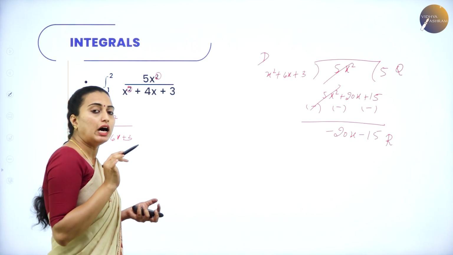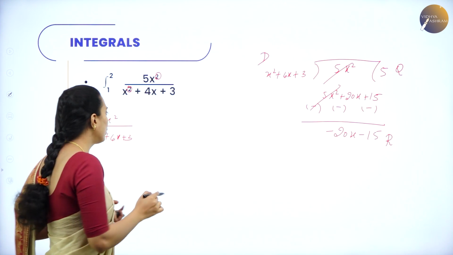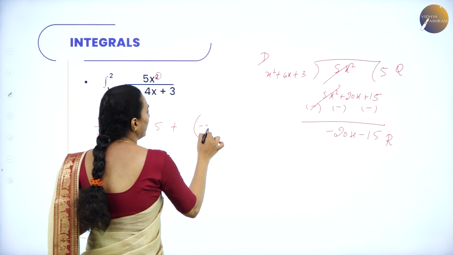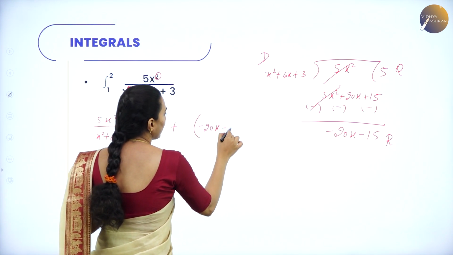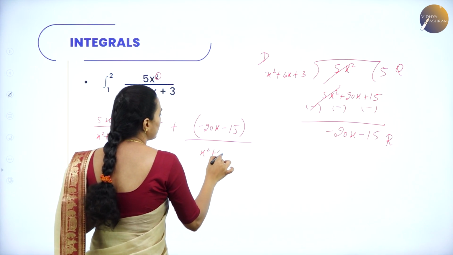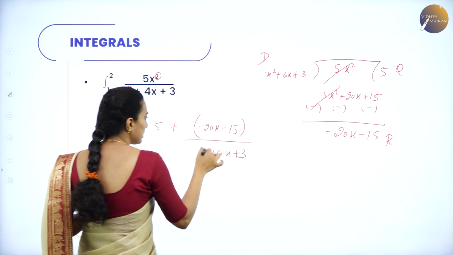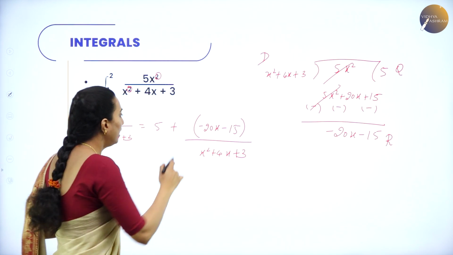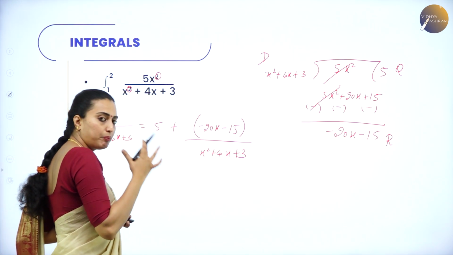Quotient plus remainder divided by dividend. So the quotient is nothing but 5, plus the remainder, minus 20x minus 15, divided by the dividend, which is x squared plus 4x plus 3. Now, this is in the form of px plus q divided by ax squared plus bx plus c. Let us reduce this. After that, let us apply the limit.